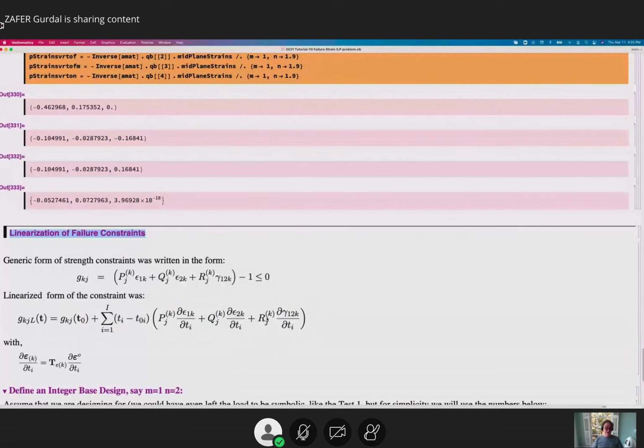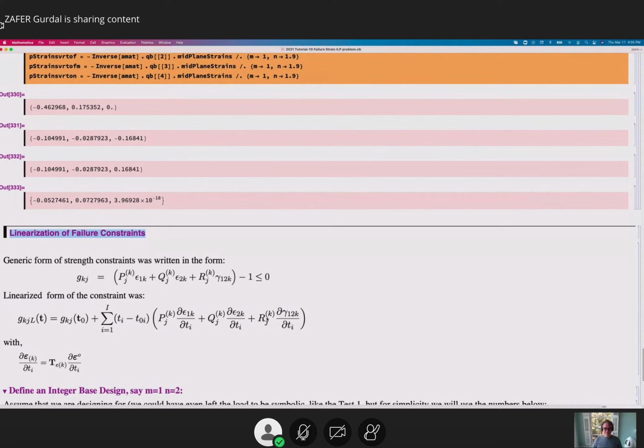Which is a very interesting project because for the first time you'll be able to handle a composite design problem which is nonlinear, which most design problems are, and find an answer that actually makes sense, which is integer design at the end, not continuous design.